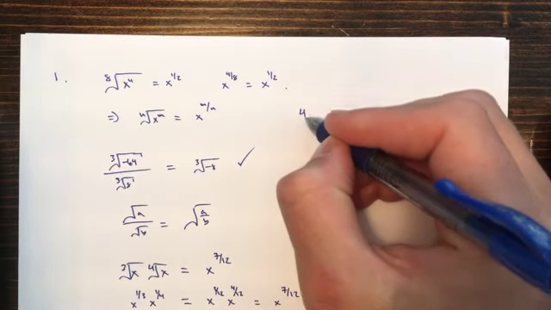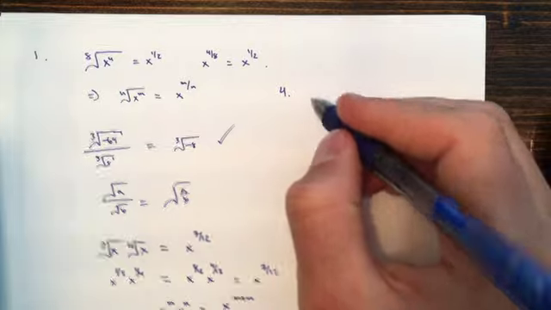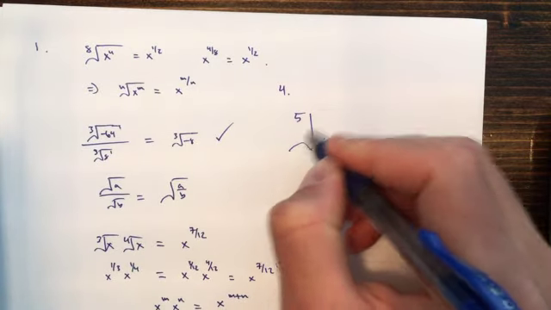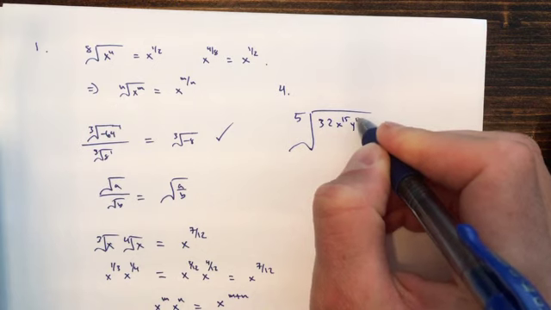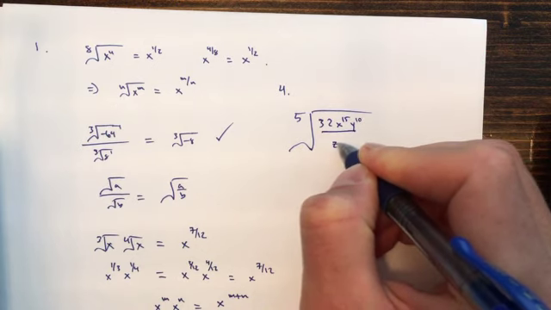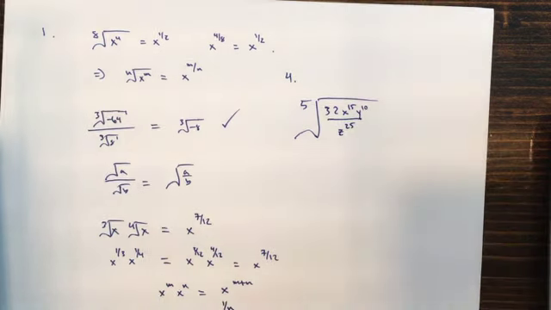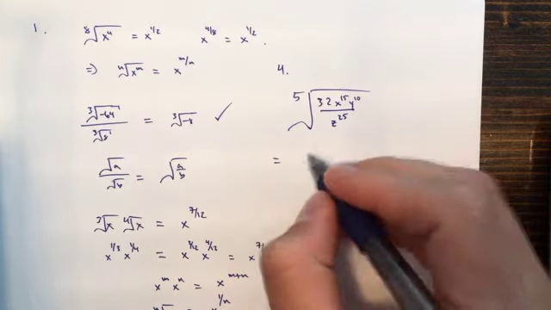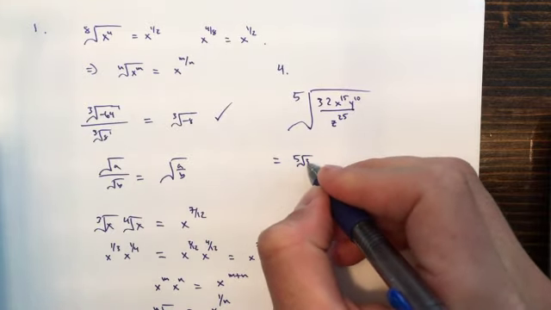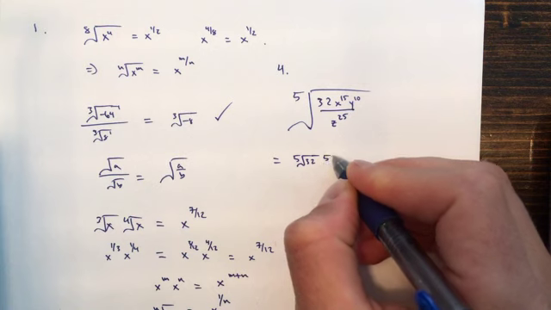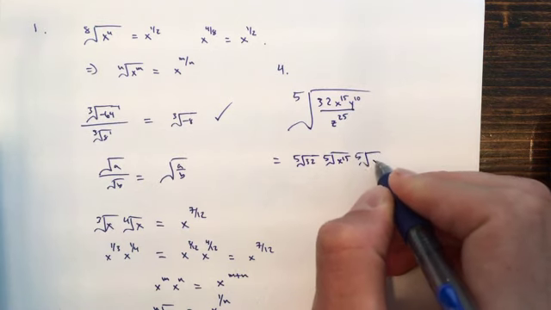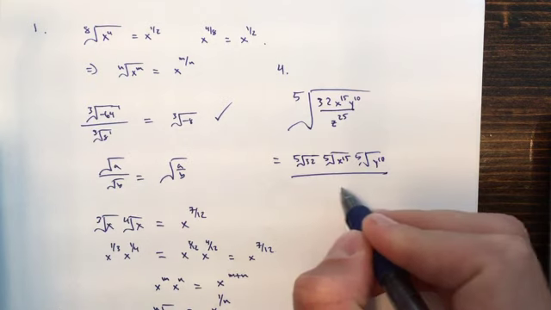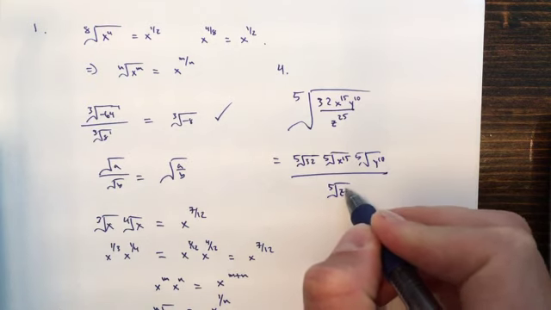Finally, number 4 asks us to simplify the 5th root of 32x to the 15th y to the 10th divided by z to the 25th. So we can break this up to be the 5th root of 32, the 5th root of x to the 15th, the 5th root of y to the 10th, all over the 5th root of z to the 25.